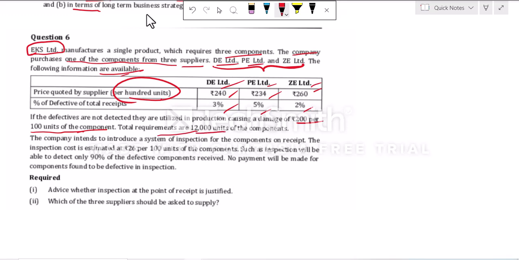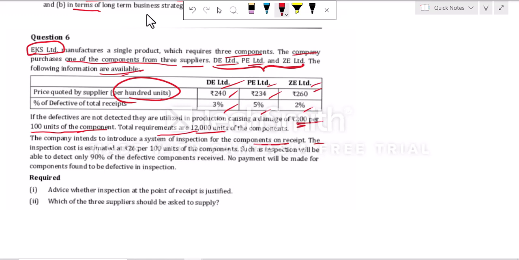The company intends to introduce a system of inspection of components on receipt. So as of now, they were incurring 200 per unit. So they want to inspect the component on receipt only. The inspection is estimated at 26 per 100 units of components.